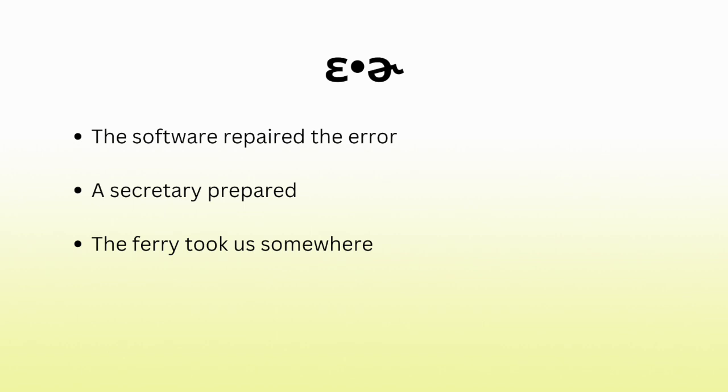The ferry took us somewhere. Dairy cows are gregarious. So those are a few ways the air sound can present itself. So listen for the air sound in words that you hear, the different ways that it comes up, and practice with more words in your workbook.